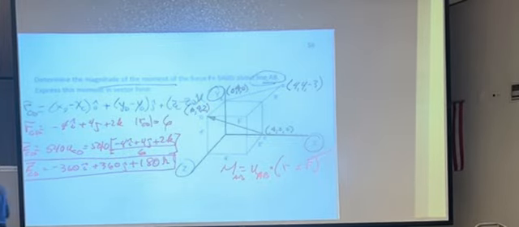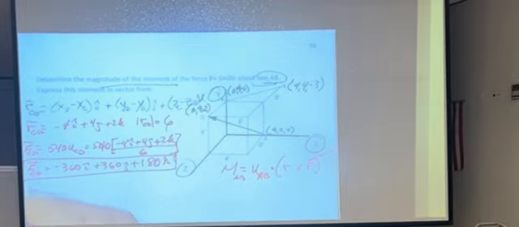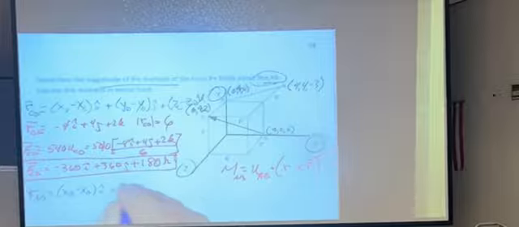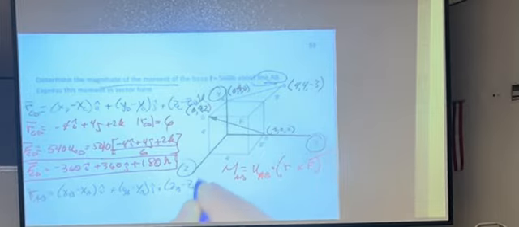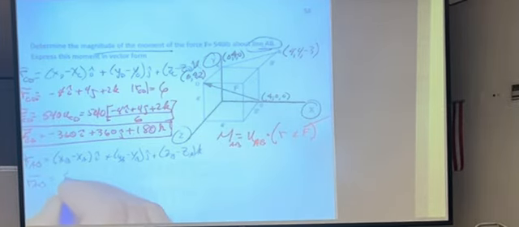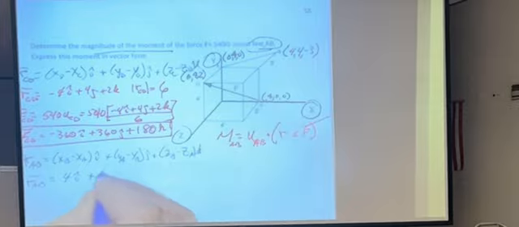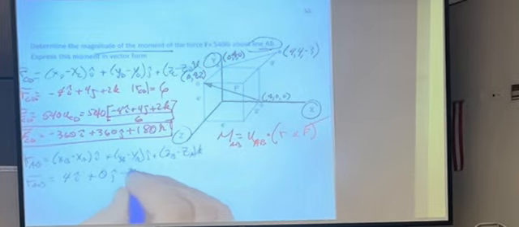Okay, I'm going to go to my position vector. RAB is equal to XB minus XA I plus YB minus YA J plus ZB minus ZA K. RAB vector is 4I plus 0J minus 3K.